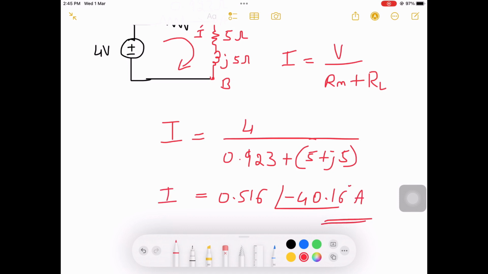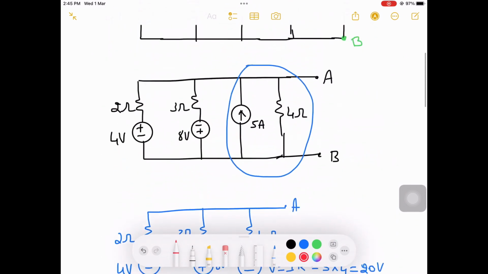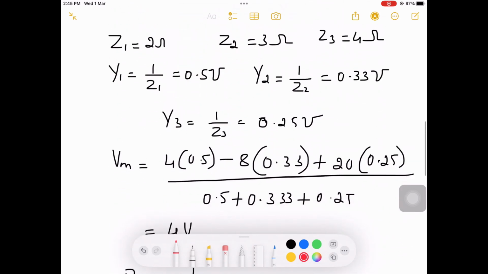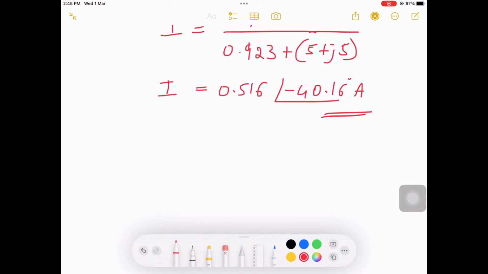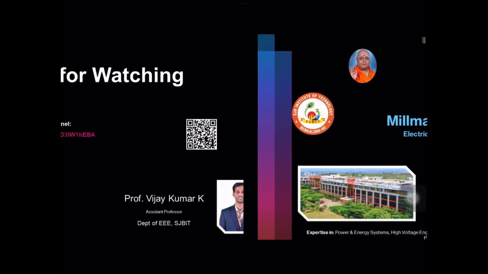So this is the current flowing in the circuit. Hope you got this solution, how to determine the current using Millman's theorem. This is the answer for the given problem. Hope you understood this. Thank you.